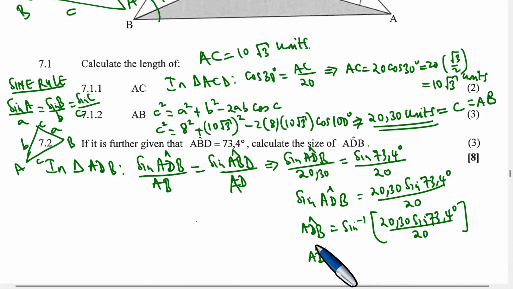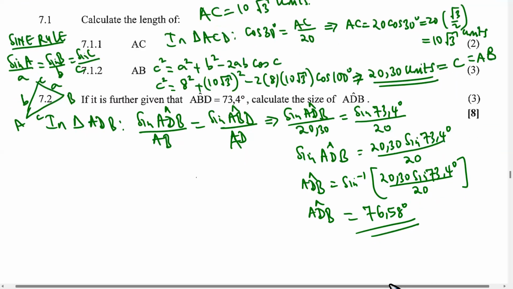Use your calculator to get this, and ADB becomes 76,58 degrees.